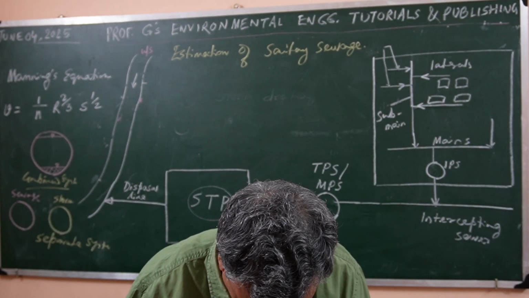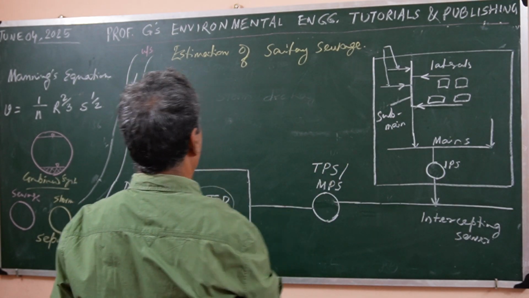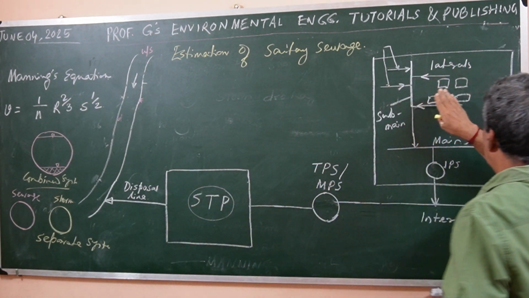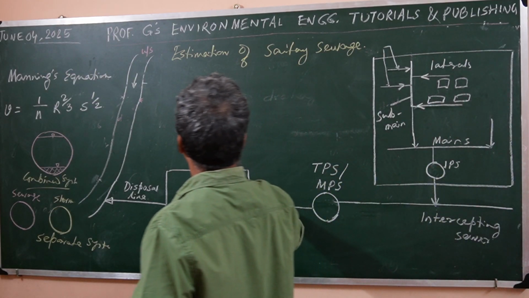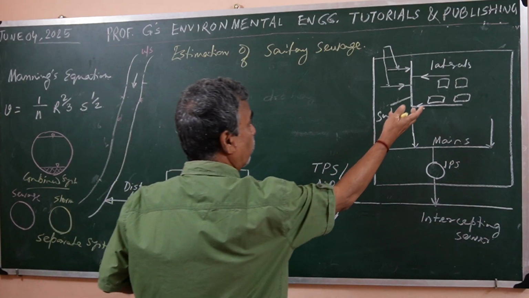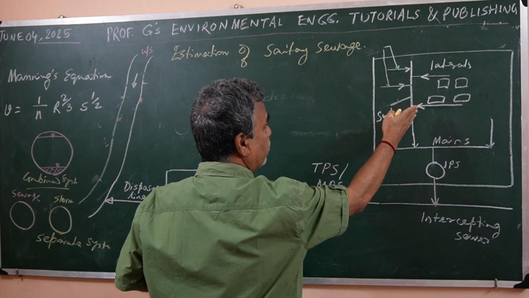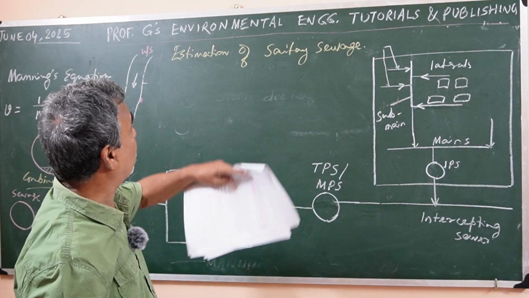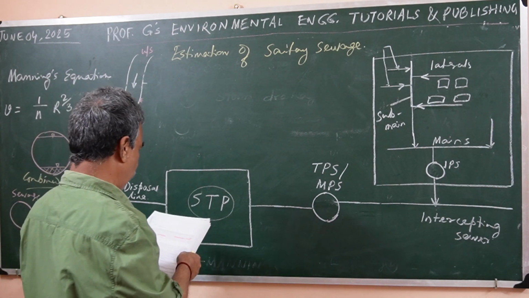Now for the sanitary sewage, what we do is take the quantity of water which has been supplied, for the sanitary sewage coming from the different units, that is institutional, commercial, and mainly domestic. So part of that will be collected as sanitary sewage, not full.